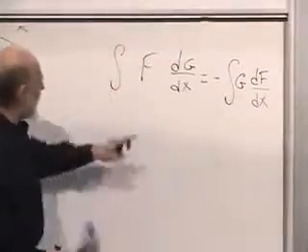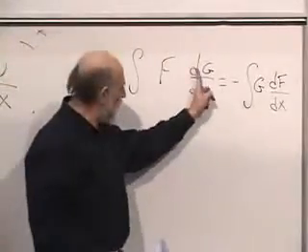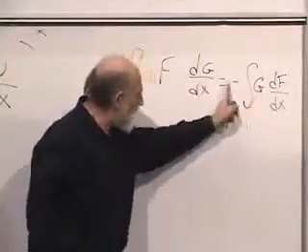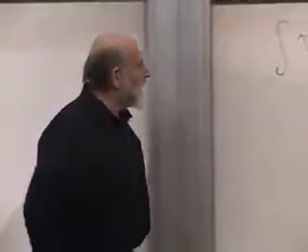You simply interchange which of them is differentiated. Instead of differentiating g, we differentiate f, and you throw in an extra minus sign. That's called integrating by parts. It's a standard elementary calculus theorem.